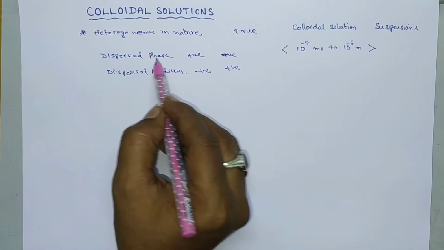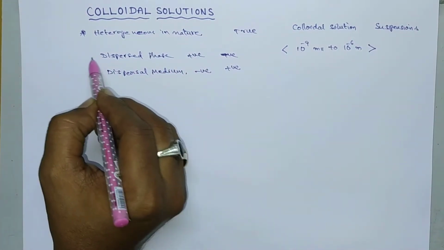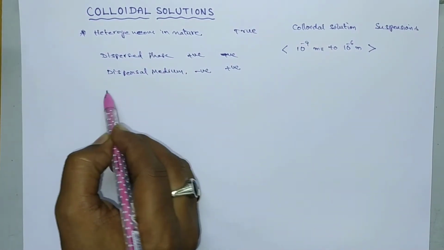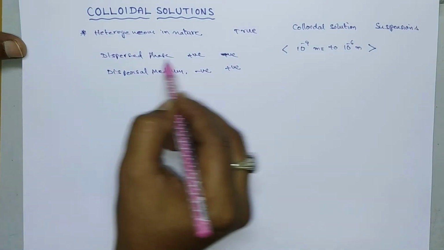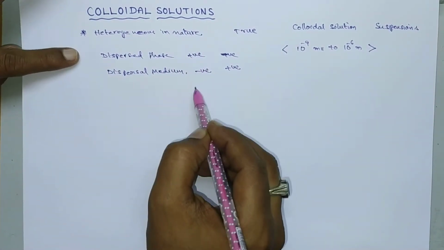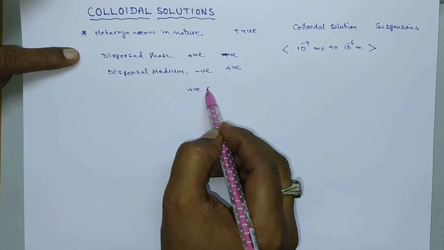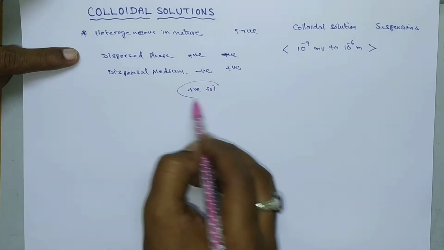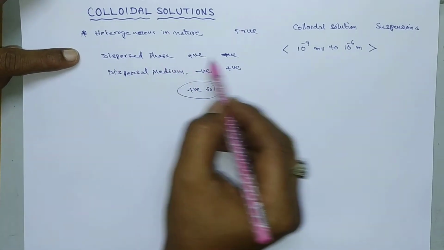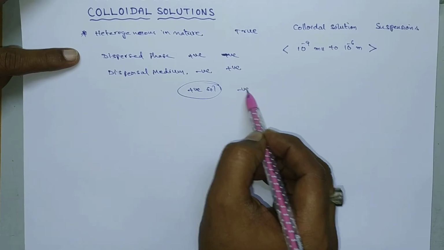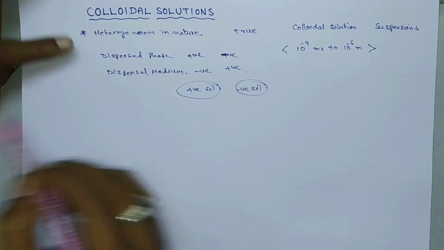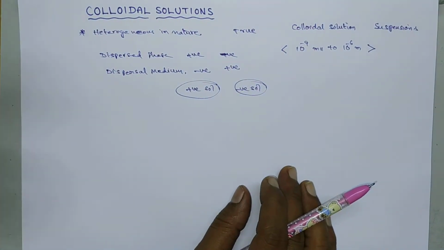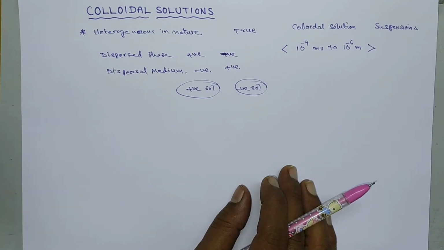If the dispersed phase is positive, it is called a positive colloid, or simply a positive sol. If the dispersed phase exhibits negative charge, it is called a negative sol. So every colloidal particle will exhibit either positive or negative charge.